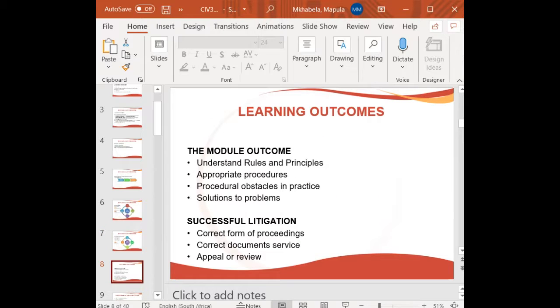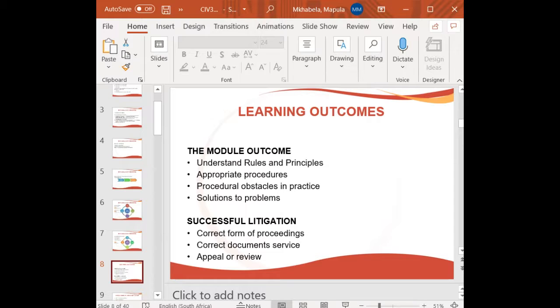Now, the learning outcomes for this module are an understanding of the rules and principles of civil procedure, explaining the choice of appropriate procedure, demonstrating the ability to meet and overcome various procedural obstacles in practice, and ultimately to demonstrate your ability to present solutions to problems through theoretically founded arguments.